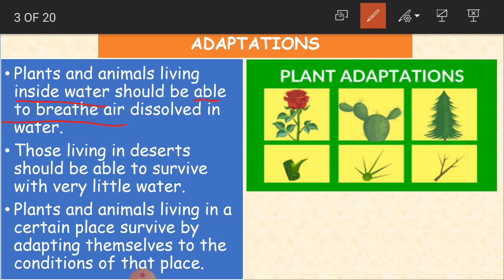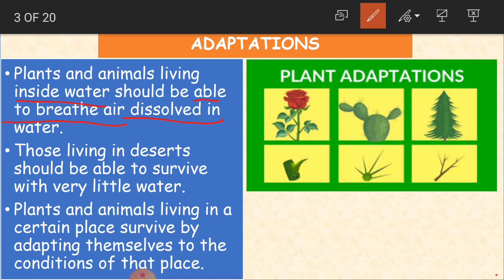To breathe the air which is dissolved in water. Dissolving means the air is going to mix with the water, and that air, the plant is going to breathe. Because of that, the plant is able to grow in the water.